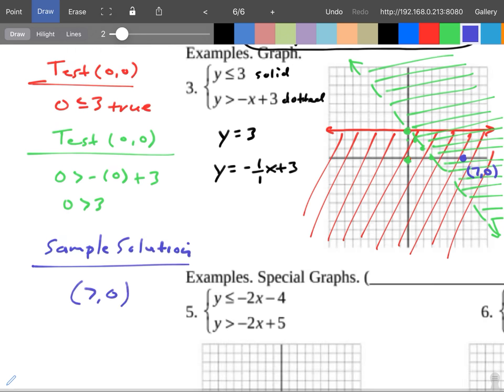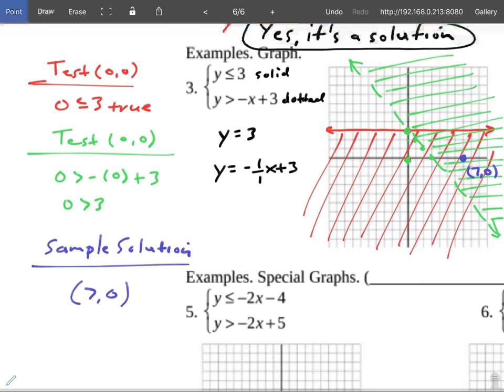So that would just be one example of a solution, would be the point 7, 0. That would make both inequalities true at the same time. That would make the point 7, 0, x equals 7, y equals 0, make this top inequality true, and it would make the bottom inequality true.